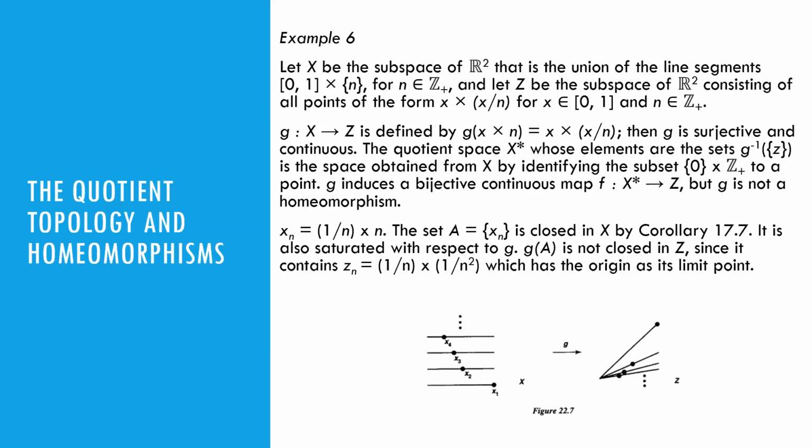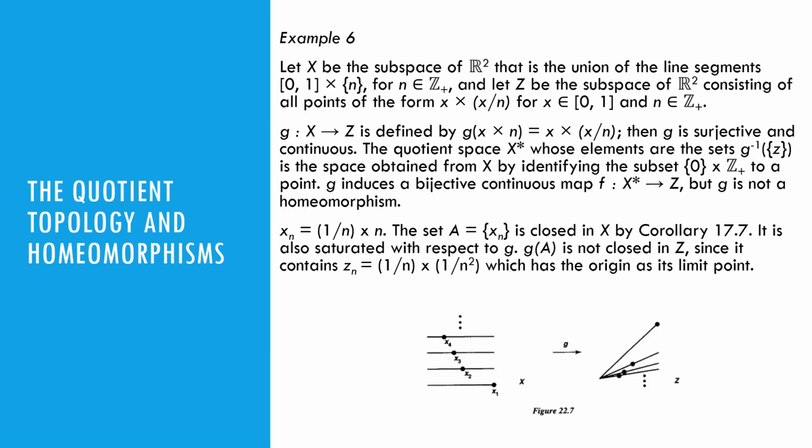And if we define the quotient space X star such that its elements are the sets G inverse of z in the space which we get from X by identifying the subset 0 cross Z to a single point, then G would induce a bijective continuous map F which maps X star to Z, but G would not be a homeomorphism.